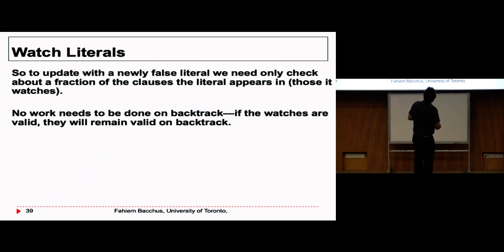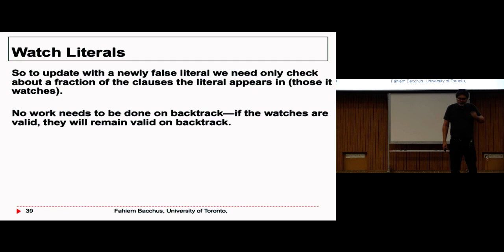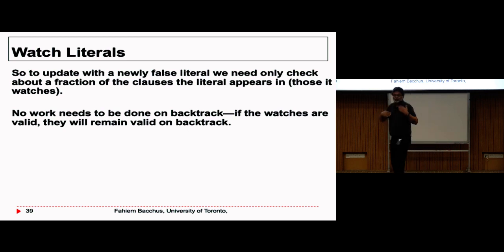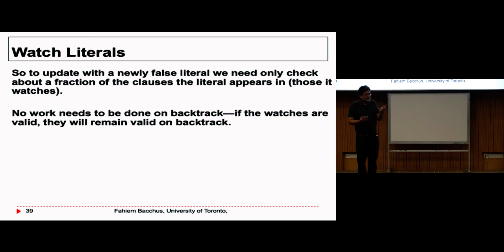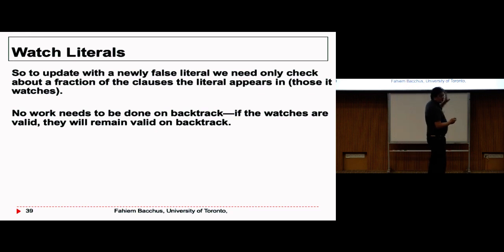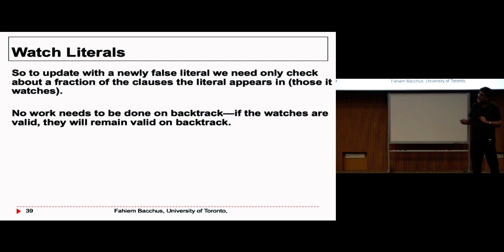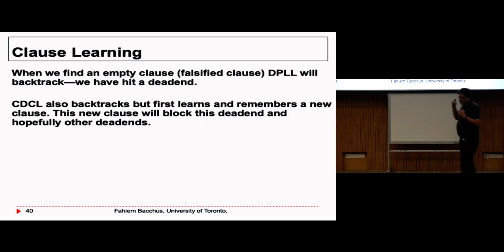And the nice thing about this is that you only need to check a fraction of the clauses that x appears in, the ones that it watches. And most important is you don't need to do anything at all on backtrack, because if the watches are valid, when you backtrack, the watches remain valid. Okay, so that's a critical element. So backtrack becomes cheap. And as we'll see, backtracking is used a lot. So that's how you manage to detect units.